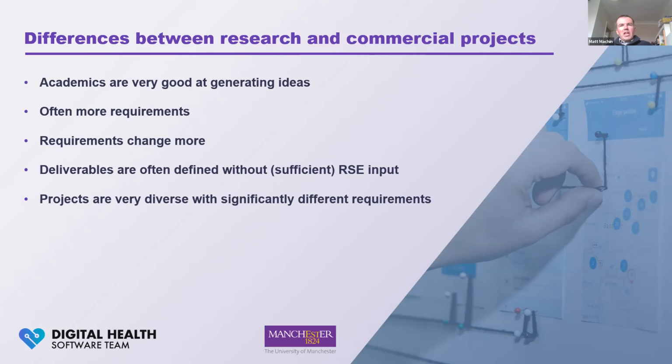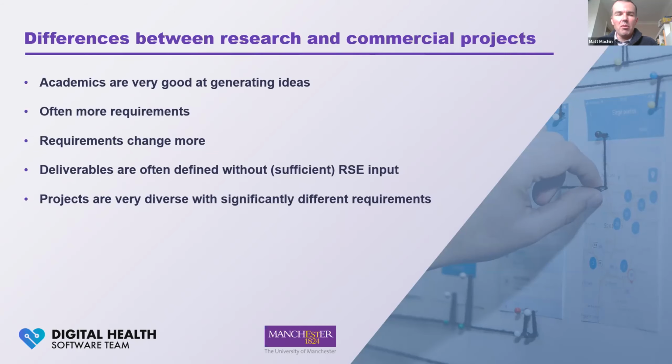And I think the final point here is that it depends where you work in industry, but if you're working in an industry where a particular product or group of products is being developed, then the projects are at least somewhat similar. In academia, you can end up with very diverse projects working across all sorts of different spaces.